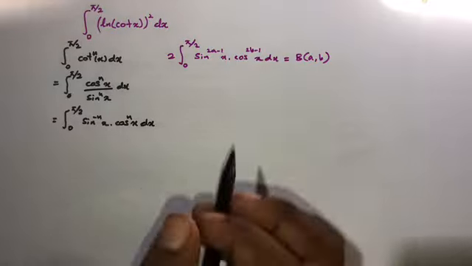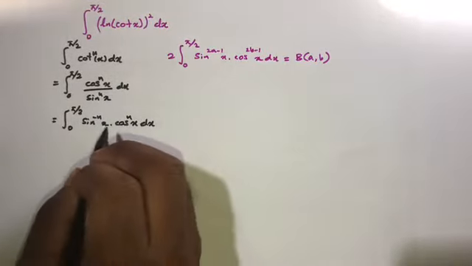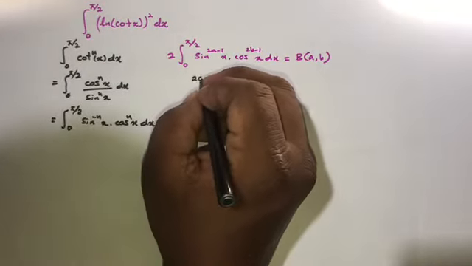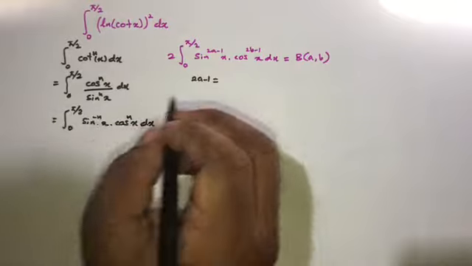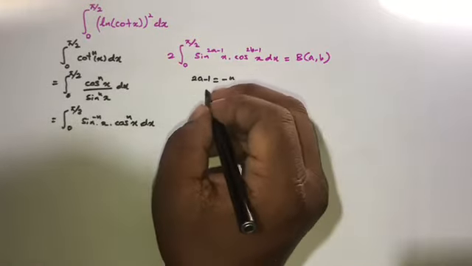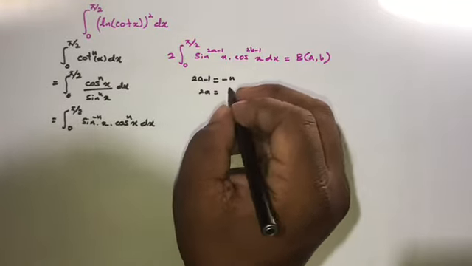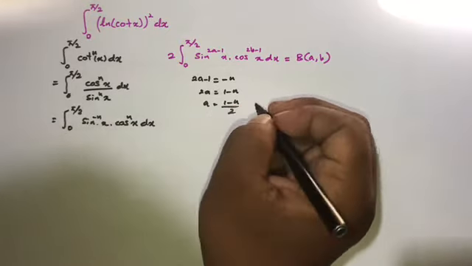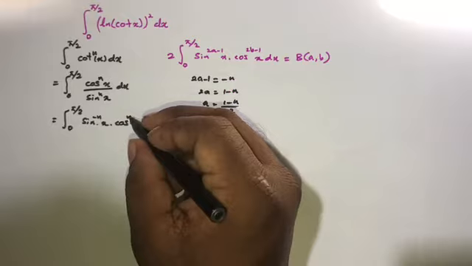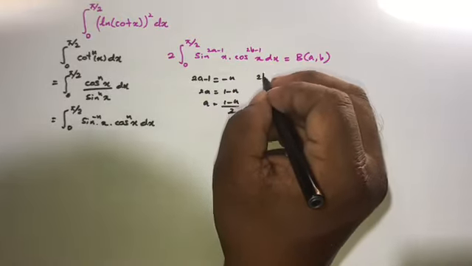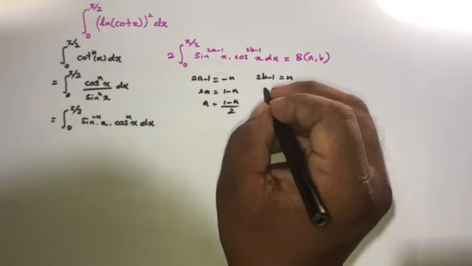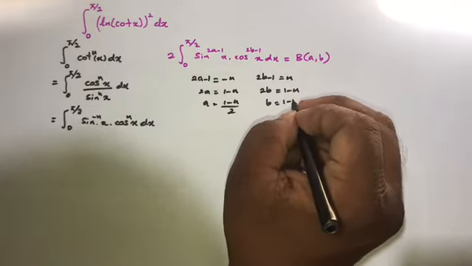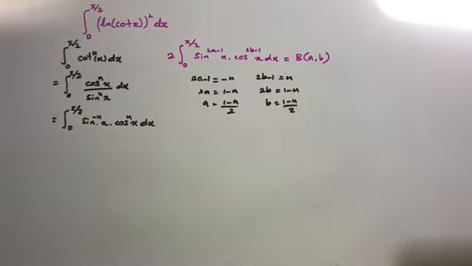So now we should find a and b. We can write 2a minus 1 is equal to minus n, so 2a is equal to 1 minus n and a is equal to 1 minus n over 2. Also we know n is equal to 2b minus 1, so 2b is equal to 1 plus n and b is equal to 1 plus n over 2.